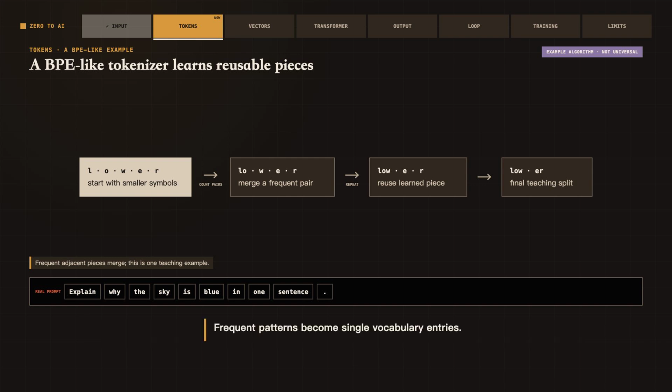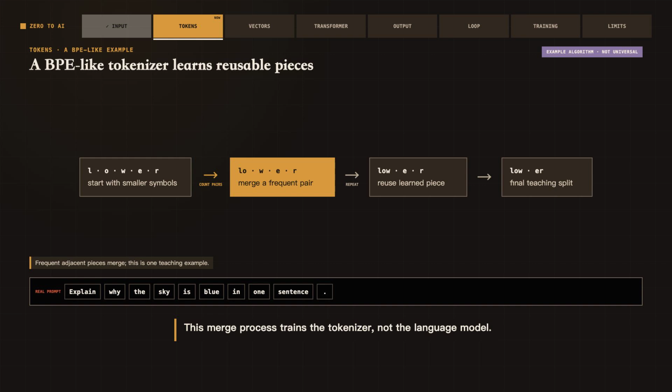Frequent patterns become single vocabulary entries. Rare patterns remain split across several entries. This merge process trains the tokenizer, not the language model. Once the tokenizer is fixed, encoding a new sentence applies the learned vocabulary and merge rules. It does not retrain the tokenizer for every prompt.